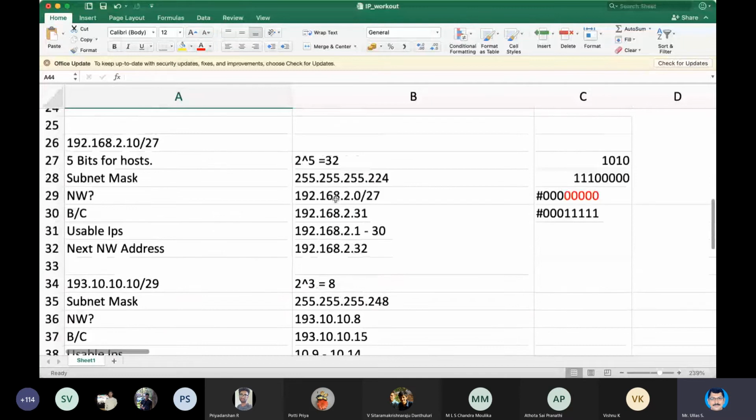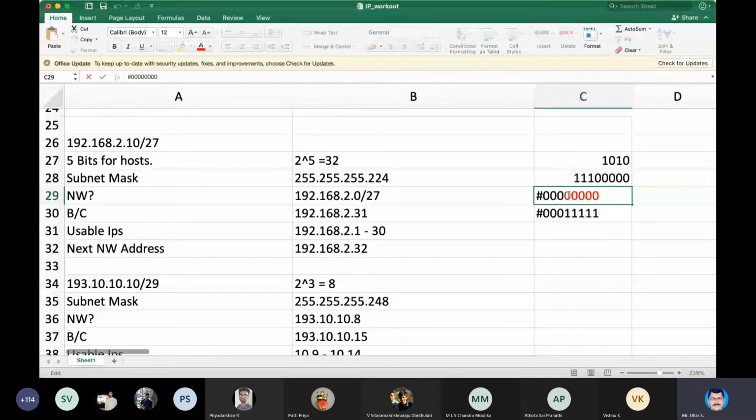In our first example, when I said /27, we subnetted 3 bits. On the host side we have 5 bits, and on the subnetwork side we have 3 bits. By using 3 bits, we can have 8 combinations: 000, 001, 010, 011, and likewise. So 8 subnetworks are possible.